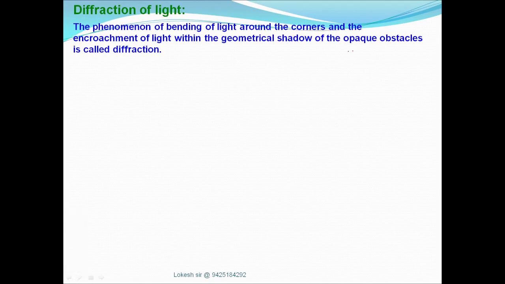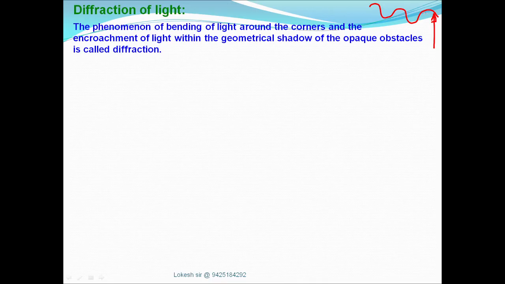Means when you have sharp edged corners, like this, the upper tip of this edge is very sharp, and you have a particular wavelength of light.